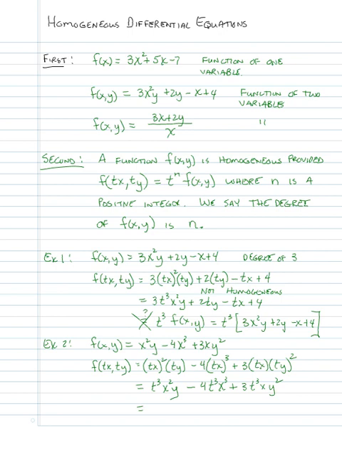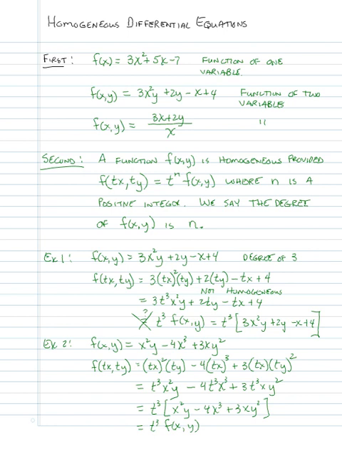Now you see that t cubed is a common factor. So we can factor t cubed out. And so we'll have t cubed times x squared y minus 4x cubed plus 3xy squared. And you notice what's in these brackets is nothing more than f of xy, which was our original function.